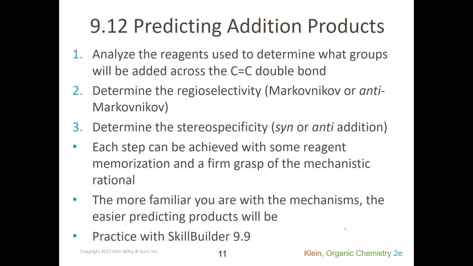All right, so when it comes to addition reactions, we've just seen a lot of reactions that alkenes can undergo. We looked at hydrohalogenation, hydration, hydrogenation, halogenation, halohydrin formation, dihydroxylation.